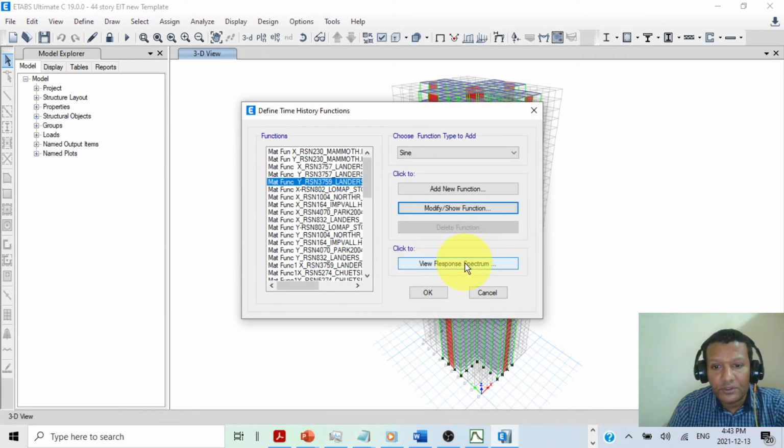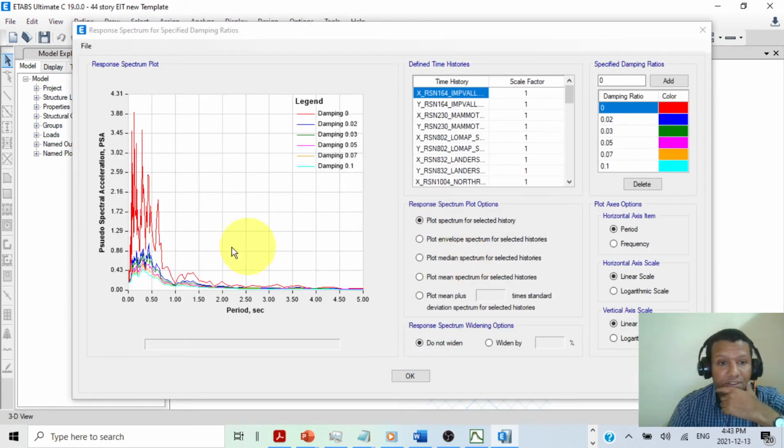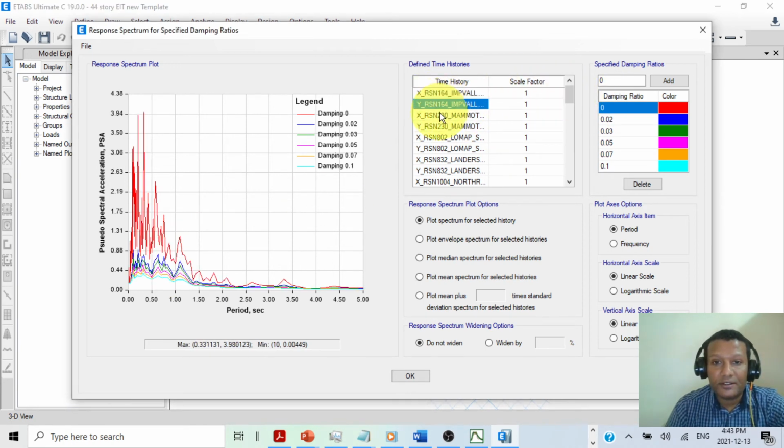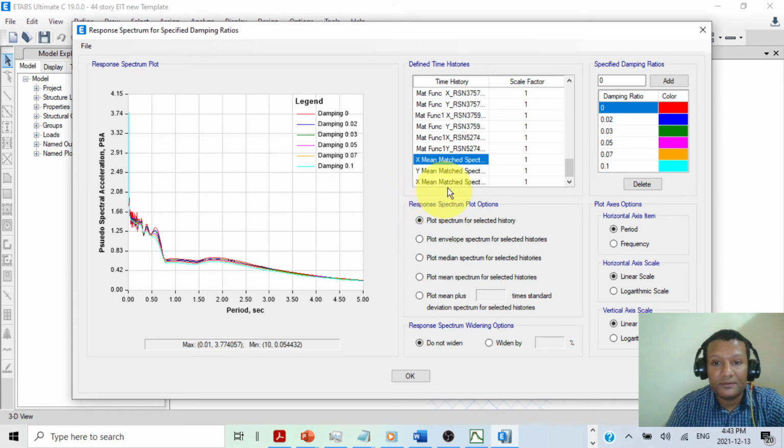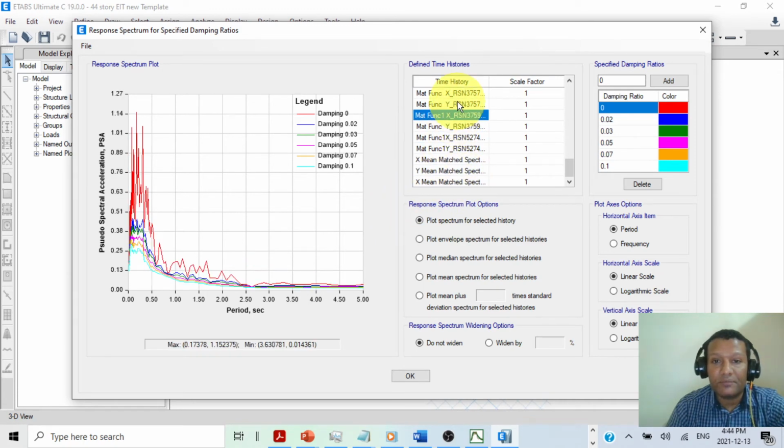And if you want, you can view the response spectrum. If you want to see the response spectrum for the mean or everything, because we have 11 ground motions, as you can see, for different damping: 0, 2%, 3%, 5%, this is the undamped condition, 7, 10%. These are all the X, Y. This is the mean, and these are the matched ones.